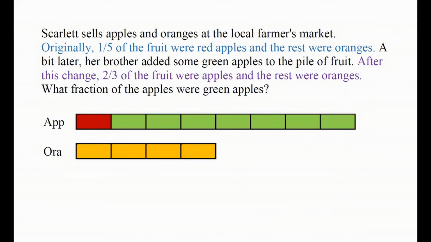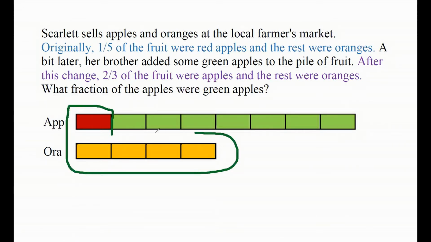Now take a look. Everything is perfect, and I'm going to prove it to you. So right now, if we focus on the original scenario based on the blue sentence, this is all we had. Clearly, 1/5 of the fruit were red apples, the rest were oranges. Okay, that makes sense.